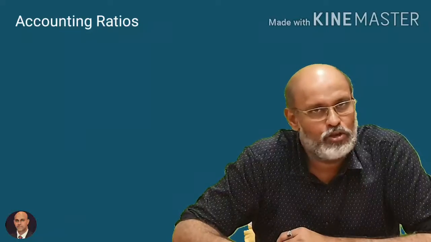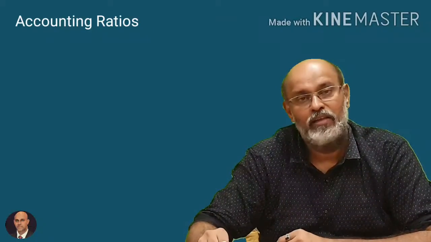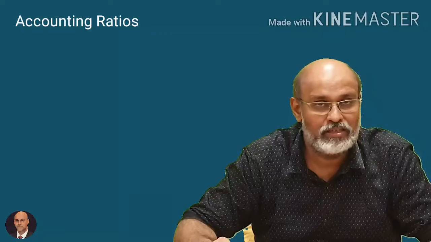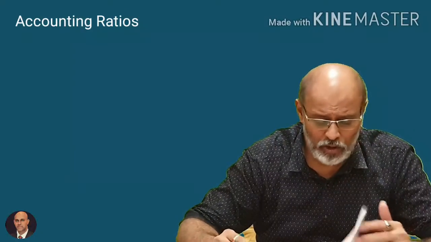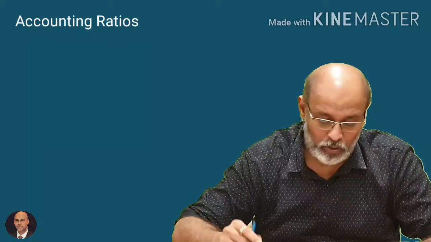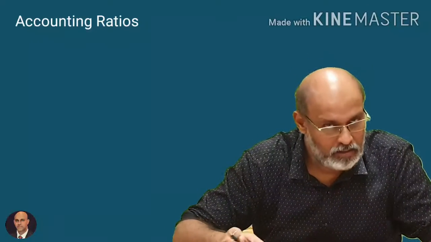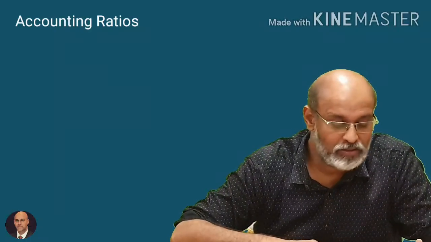So x is your current liabilities, and in your first ratio, it was 4:1. So you multiply 15,000 by 4, you will get 60,000. That is your current assets. So in this case we have found out the current assets and also the current liabilities. Fine.